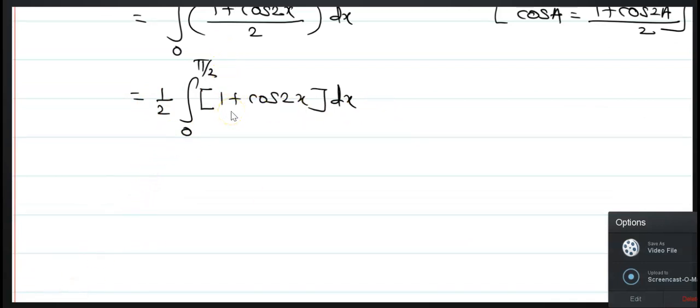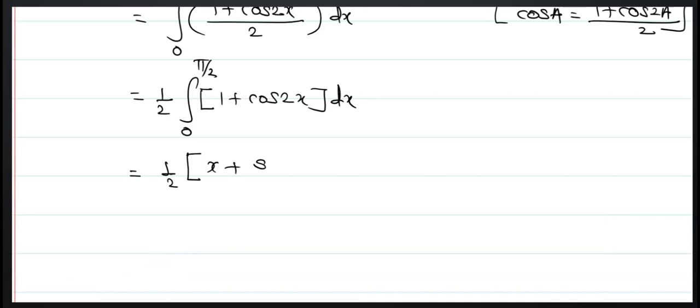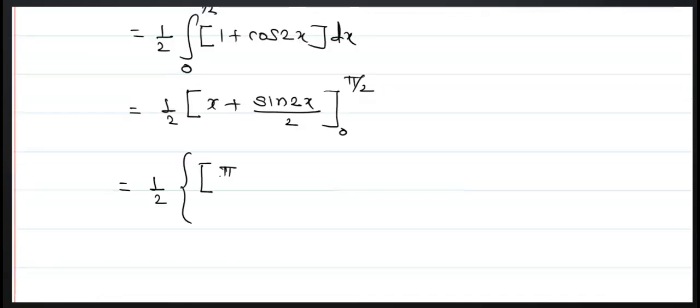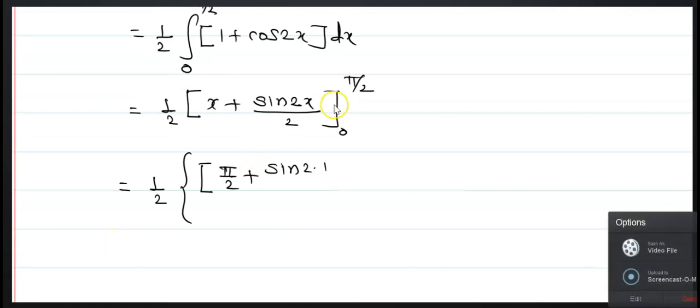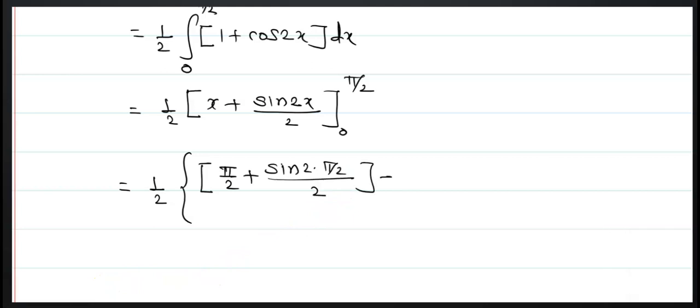Integral of 1 is x and integral of cos of 2x is sine of 2x upon 2. So x plus sine of 2x upon 2, from 0 to pi by 2. Substitute the value of x, which is pi by 2, plus sine of 2 into pi by 2 upon 2, and the next minus 0.